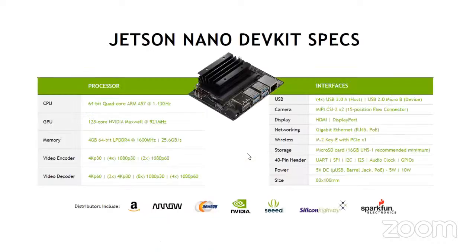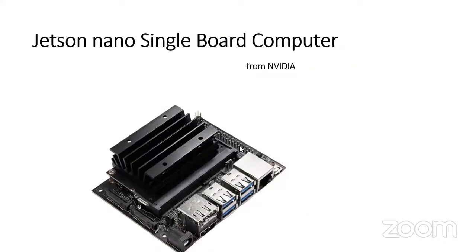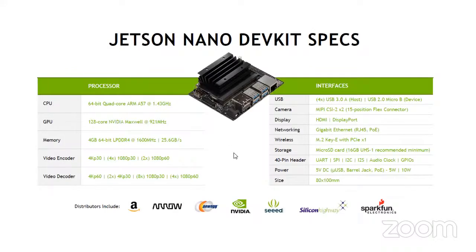So I'm using a Jetson Nano board here. Before going into that, we will discuss the board itself. It is called the Jetson Nano dev kit, and this particular model is a 4 GB version.